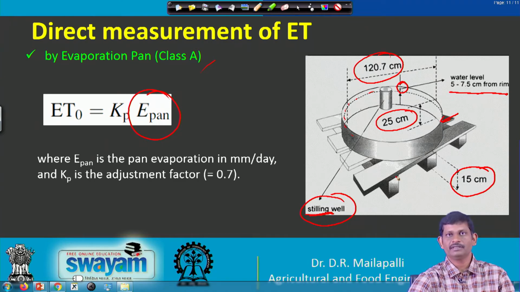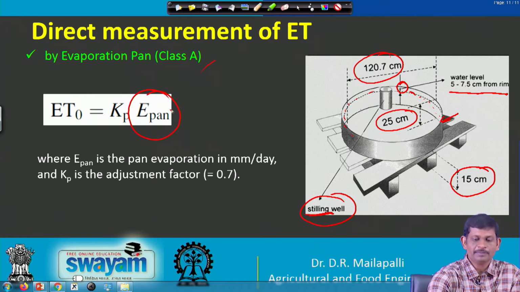You come to the field and note down the reading, or you replace the amount of water to this level, so that the replaced amount will be equal to the loss, that is evaporation, from the previous day.